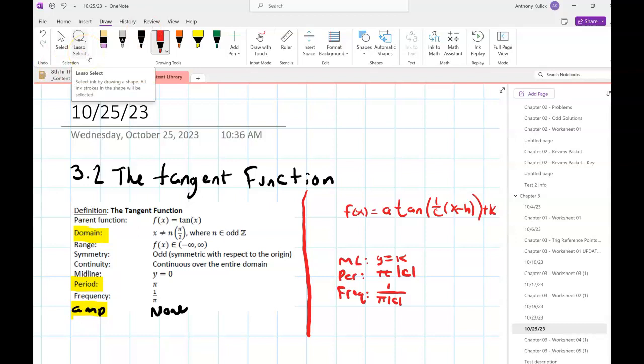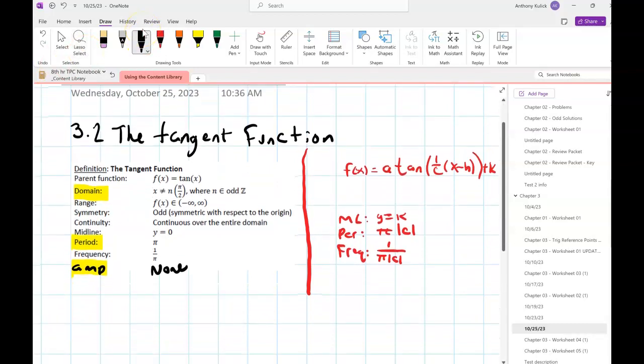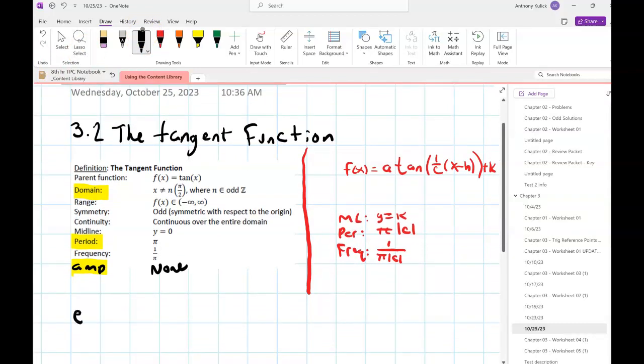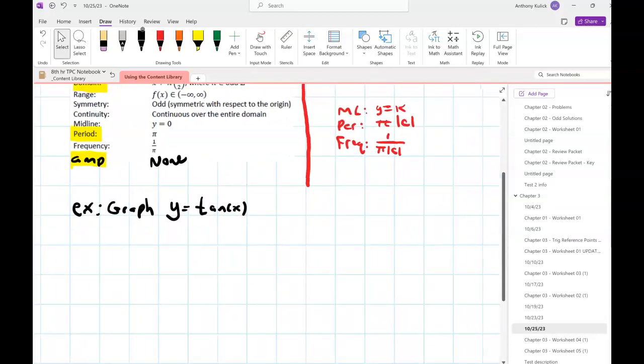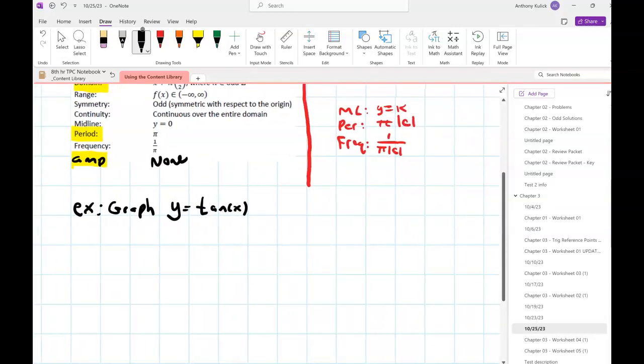So let's take a moment and graph the tangent function here. Let's say we graph this from negative 2 pi to positive 2 pi.